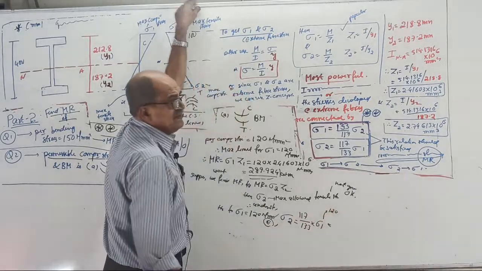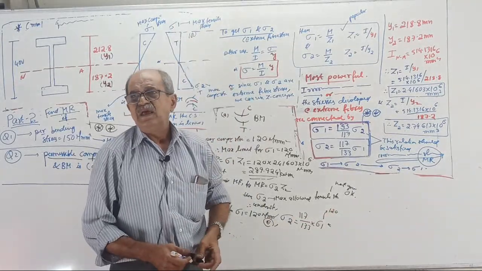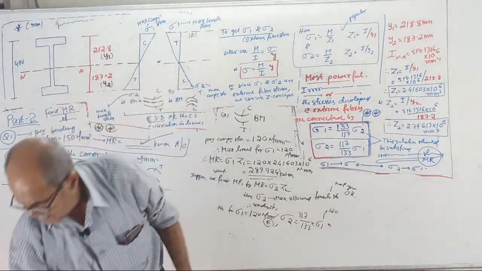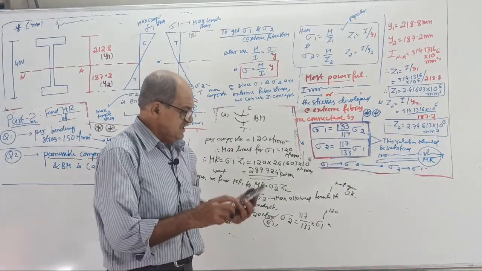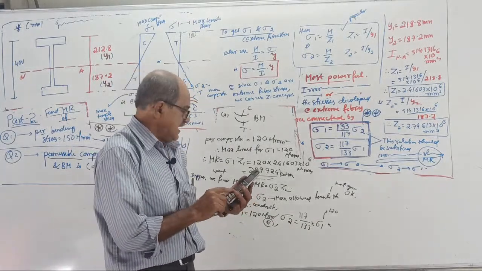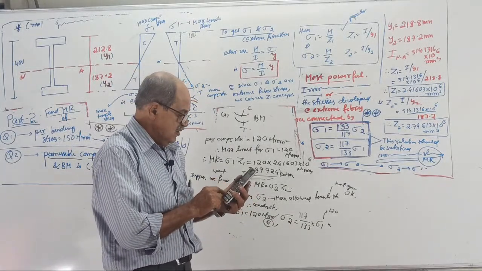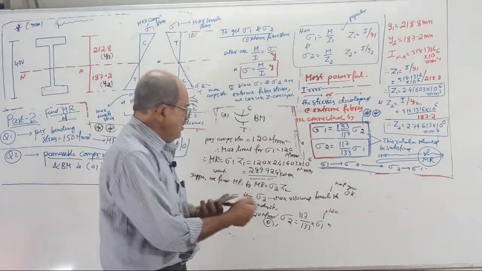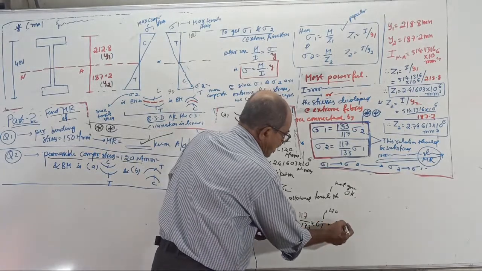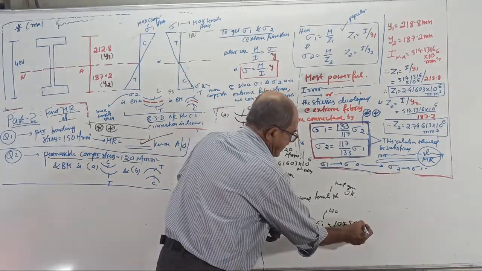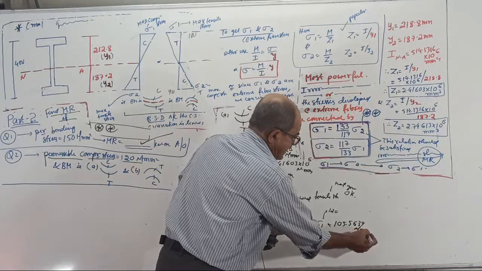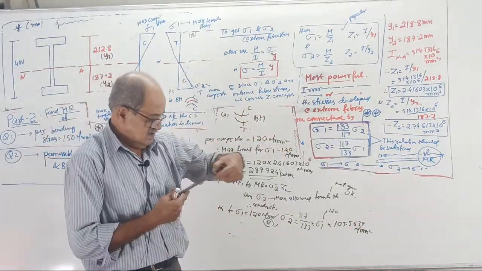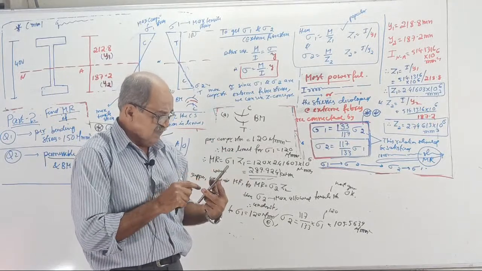So let the compression reach 120 and see how much tension will come at that time. 117 by 133 into 120 is 105.5639 Newton per mm square. Correct? Yes or no?